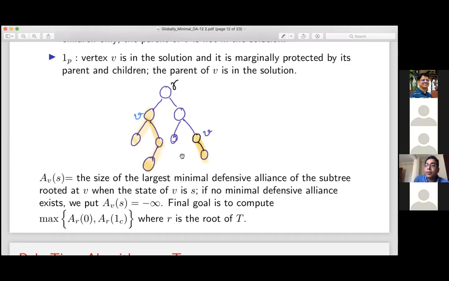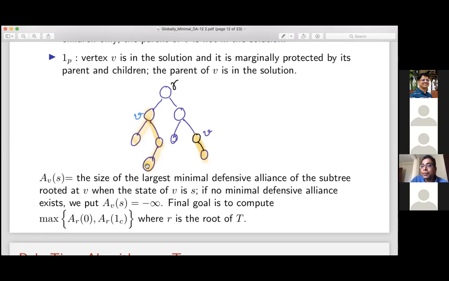I'll consider my V to be the leaf nodes of the tree, so I consider the subtree hanging at a leaf node. If I consider the subtree hanging at this vertex, the tree consists of one vertex, this vertex itself, and I have to solve my problem on this graph with only one vertex.